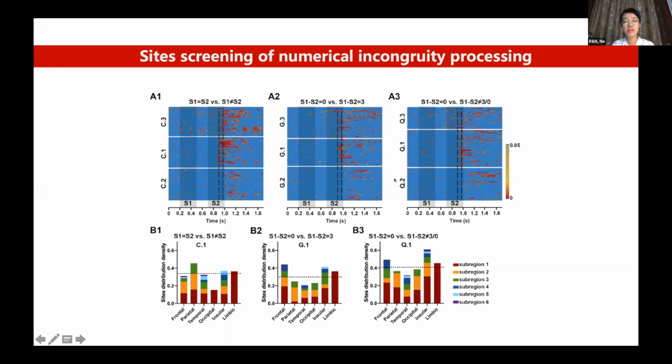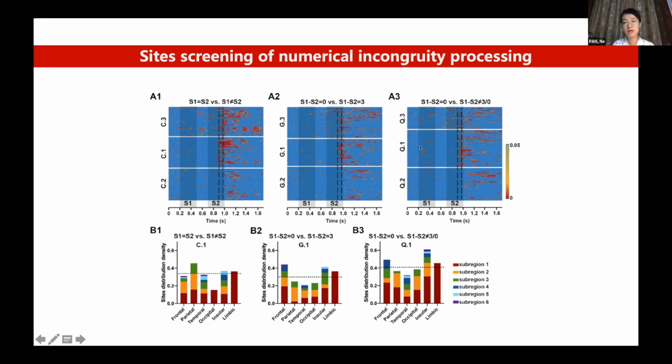According to the publications, when the brain processes incongruity information, one of the ERP markers happens at around 200 milliseconds after the S2 onset. So we focused on cluster 1 in the middle panel. We can see here the difference occurred around 200 milliseconds after the S2 onset.